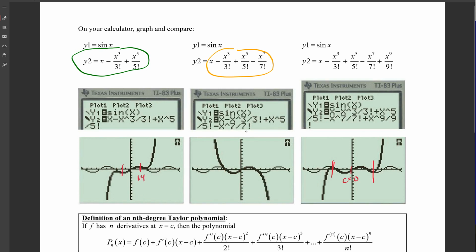And 2.1 is a little less than 3, so a little less than pi. So pi is here, and 2.1 might be somewhere here. So what we're doing is getting further away from the center. Remember, we said the center is where we're most accurate.